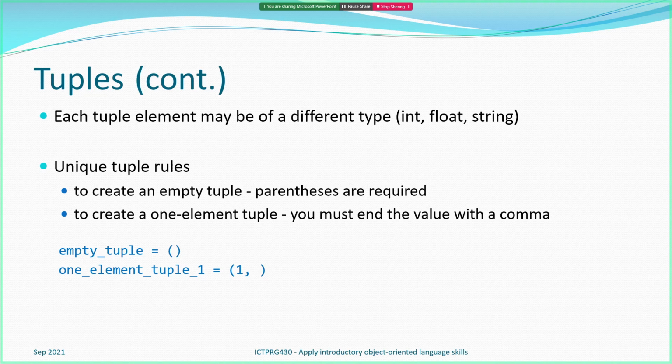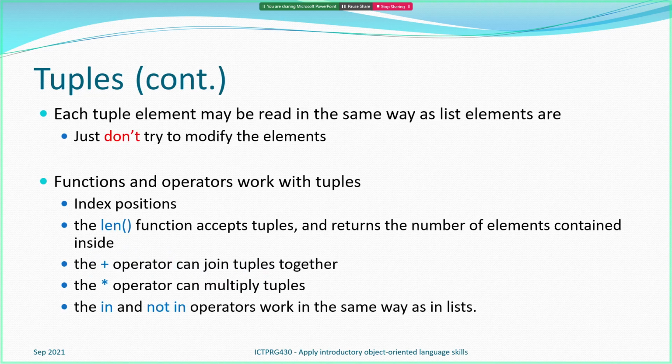So the rules and modifications, so everything you can do in a list, as far as getting the list of indexes, pulling the information out, joining tuples and multiplying tuples, this all works the same way as the list.